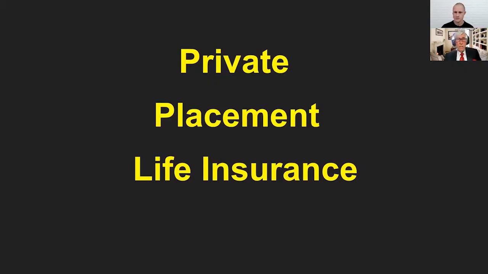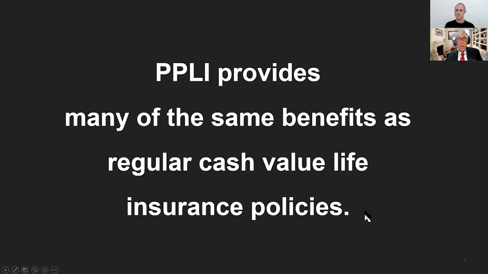So here is a basic private placement life insurance presentation that I've used in the past. This will allow us to go through and see how a PPLI policy works inside an EWP structure. The first thing that's interesting is that PPLI provides many of the same benefits that a regular cash value life insurance policy provides.